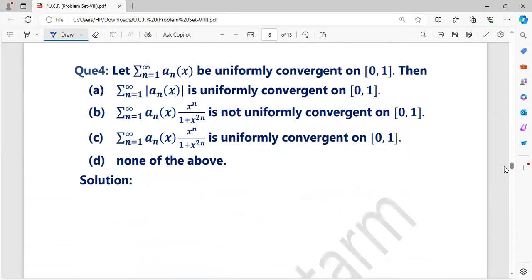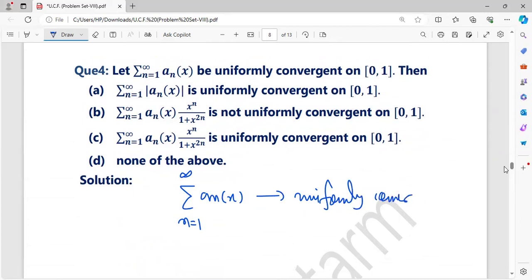Now see this question. Summation n goes to 1 to infinity, again this is given that this is uniformly convergent on the closed interval 0, 1.